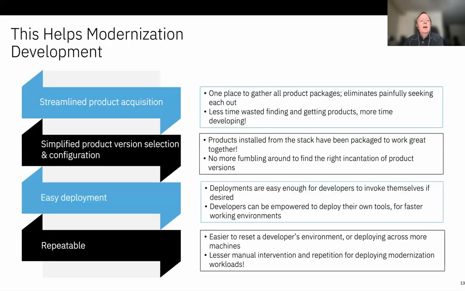Okay. So let's take a step back and think about, how does this help, right? We outlined some of the pain points or some of the important factors around modernization and momentum and things of that nature. So what is the improvement or what is the change we see here? From a product acquisition perspective, there's one place to get all of your packages.